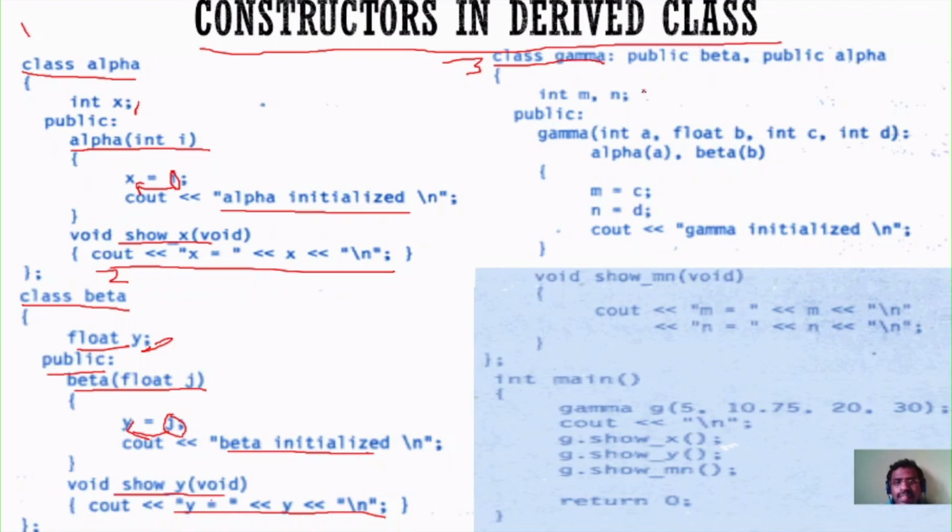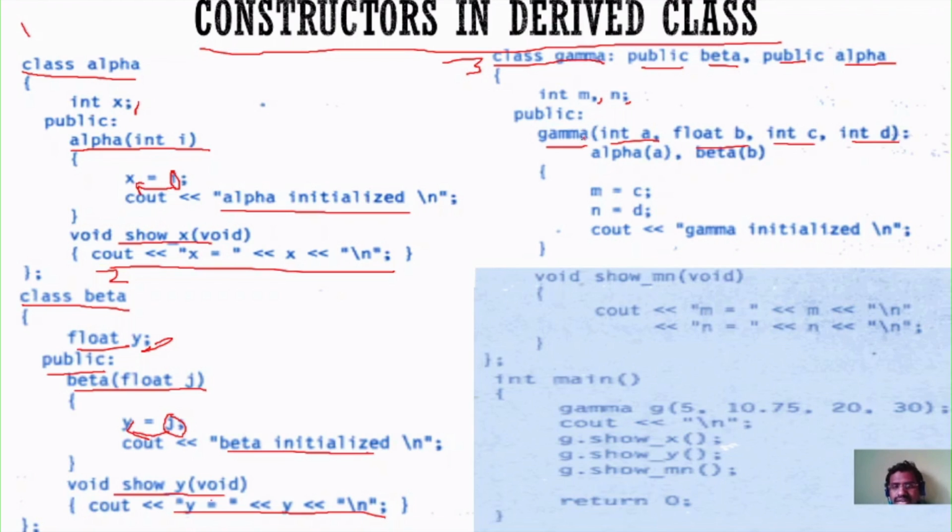Now class gamma is a derived class which is going to derive its properties from beta class as well as alpha class. The type of derivation is public and public. Now int m, n, these two are private data members of gamma. Gamma is the constructor here, with the same name as the class: int a, float b, int c, int d, colon, alpha a, comma beta b.